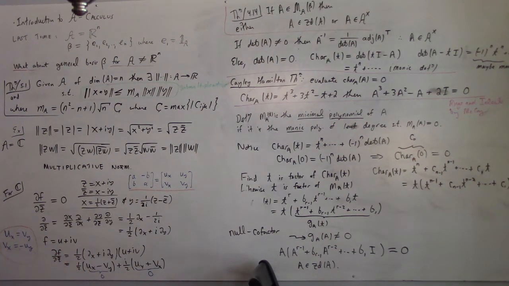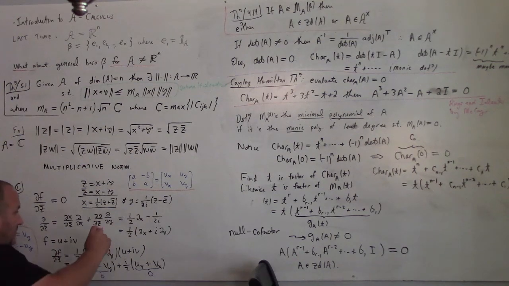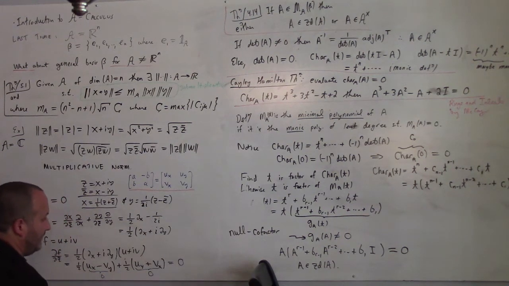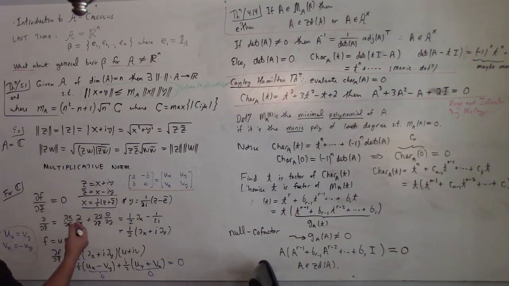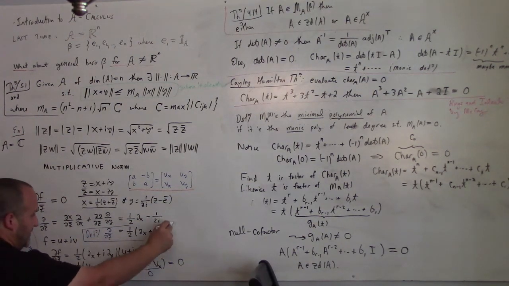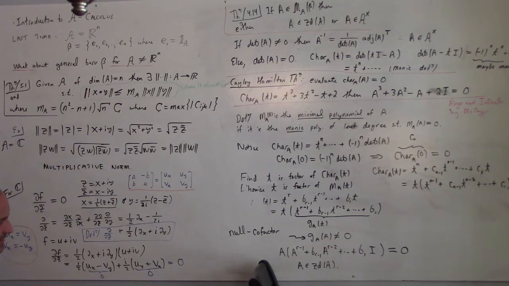Once you define what you mean by partial z bar, what I'm trying to tell you is this right here is actually a definition. It wasn't actually a chain rule, because you're switching from a function of a complex variable to a function of a real variable.